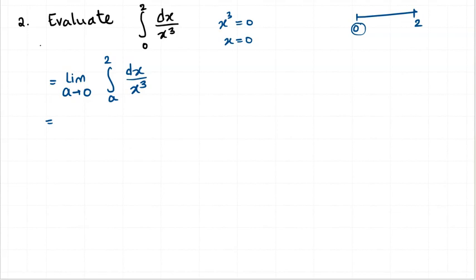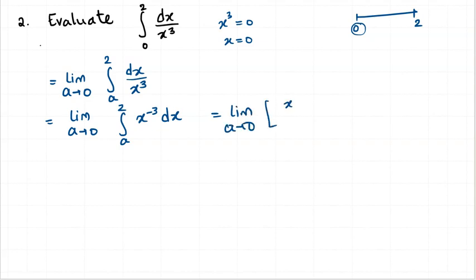Okay, this gives you limit a approaches to 0, integral a to 2 x power minus 3 dx, which on integration gives you x power minus 2 over minus 2 from a to 2. Substituting the limits, limit a approaches to 0, what you get?